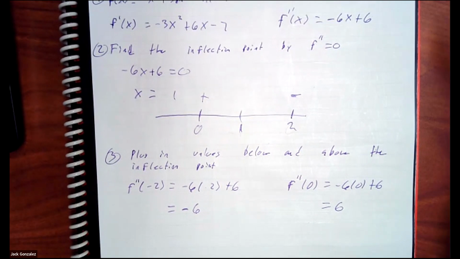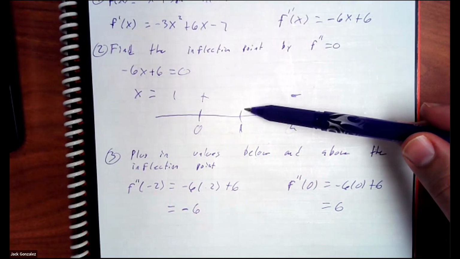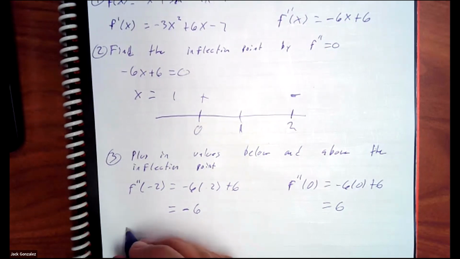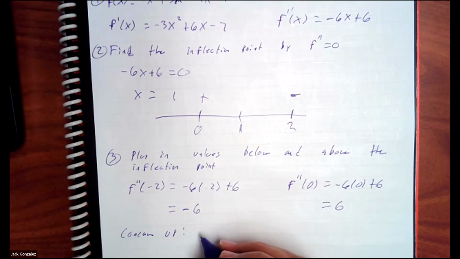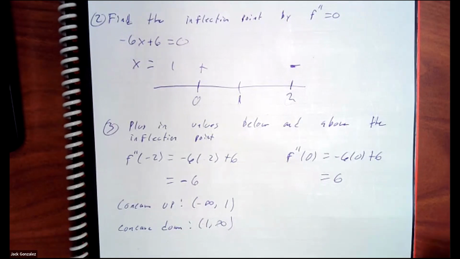You guys still with me? So after 1, the inflection point, we are concave down. So concave up would be negative infinity all the way until the number 1, because after 1, we change concavity. Concave down from 1 to infinity. That's all he asked for.